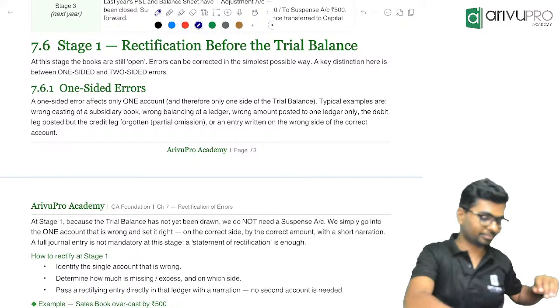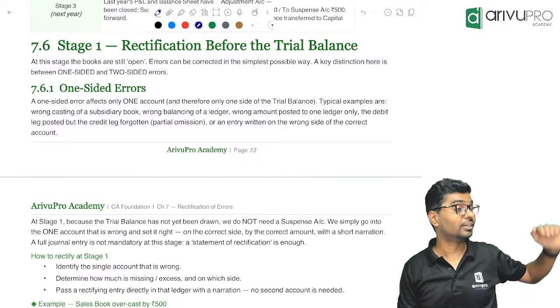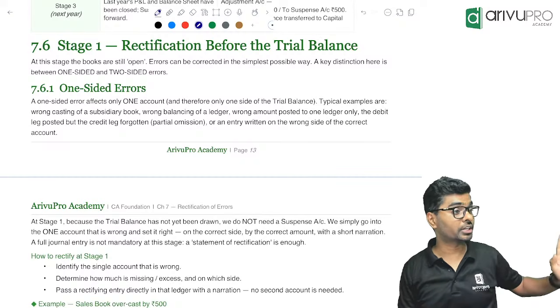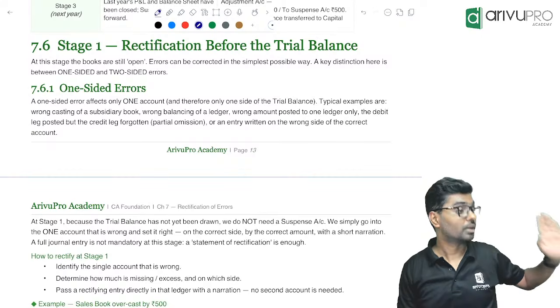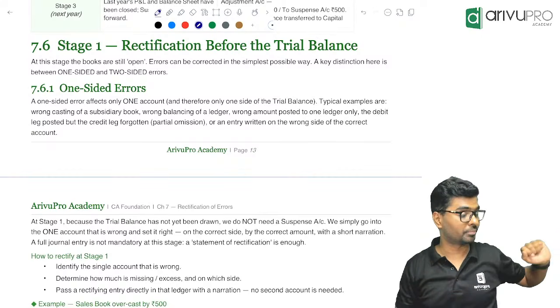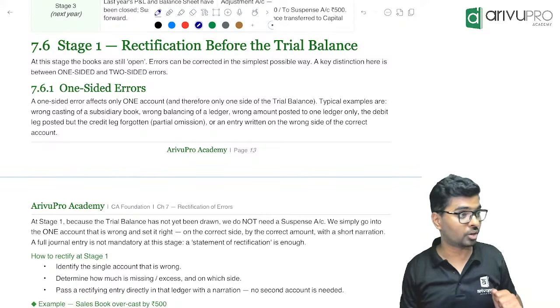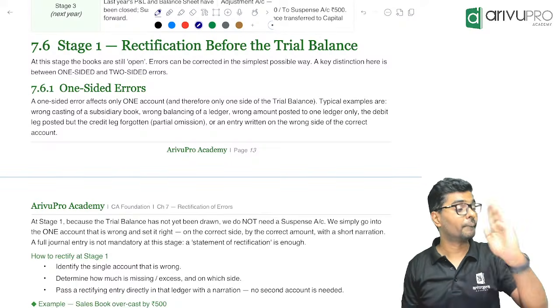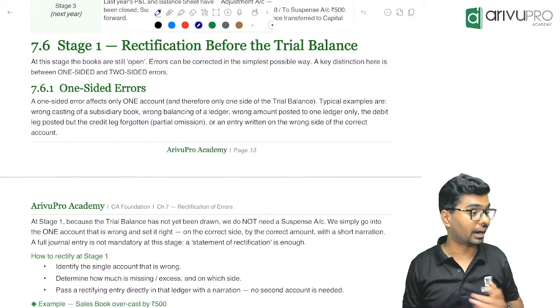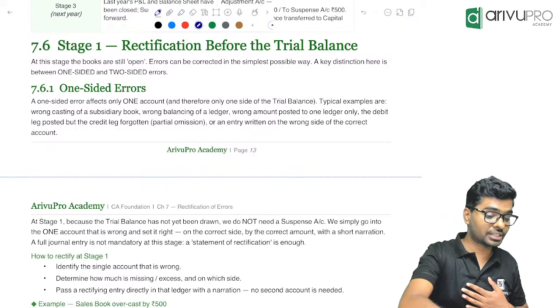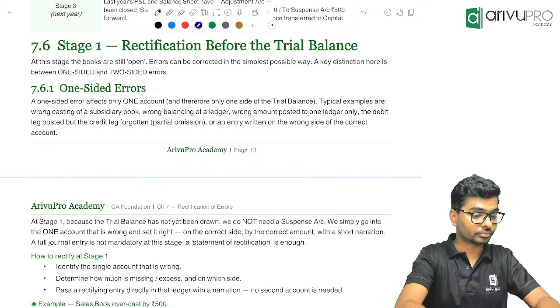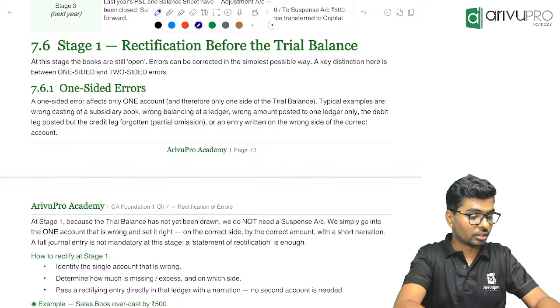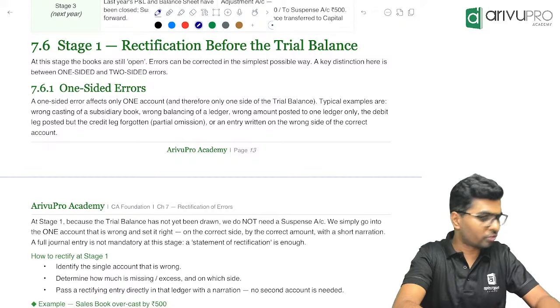So in the purchases account, I wrote it as 2 Ram. Whereas in Ram's account, I should have written it, but I did not write there. What does that mean? That's an error of omission.